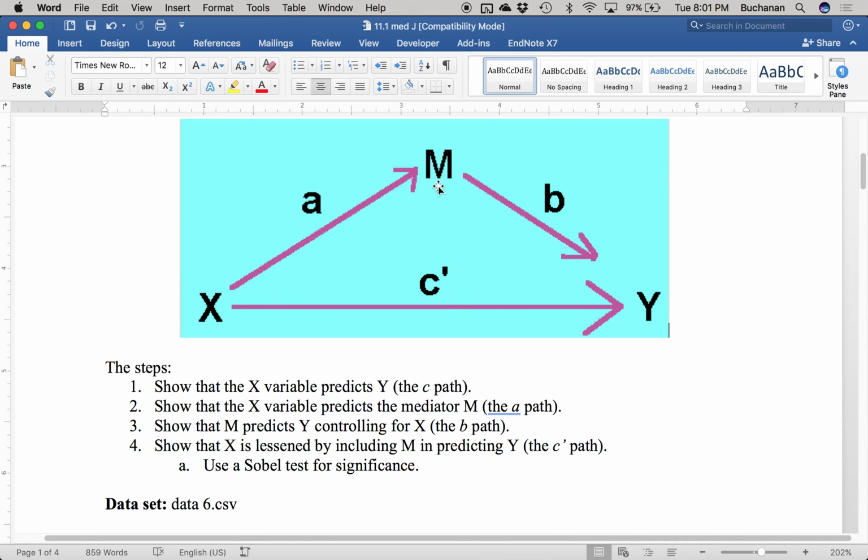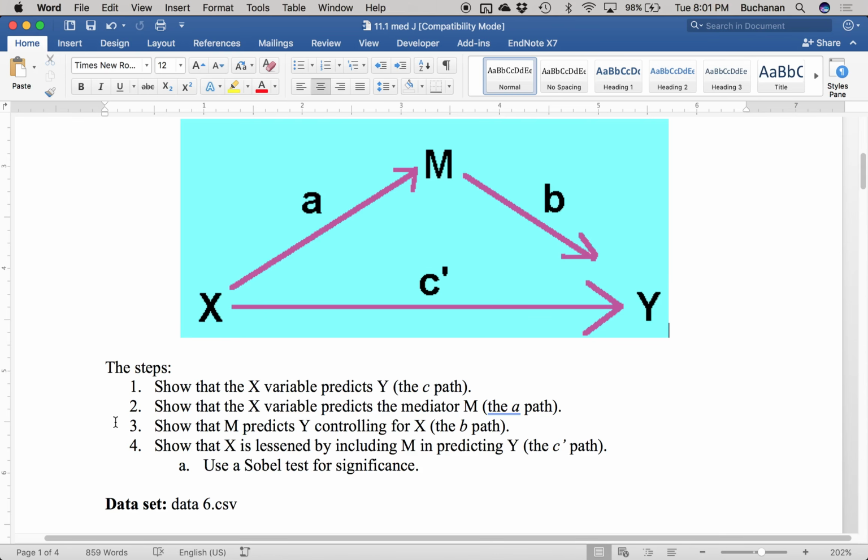So X should predict M. What we're trying to see is if the path from X to Y can be redirected through M. It's like a traffic circle in a sense, where I could go from X to Y directly, but they've got that blocked off because of construction, so now I need to go through M instead. And so X needs to predict M, that's considered the A path, and it should also be significant.